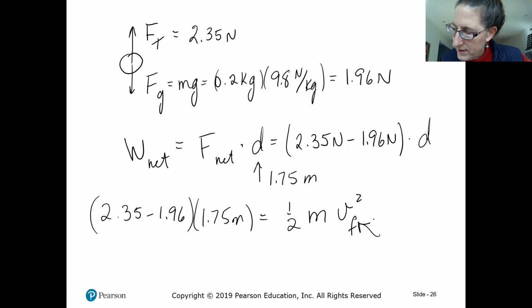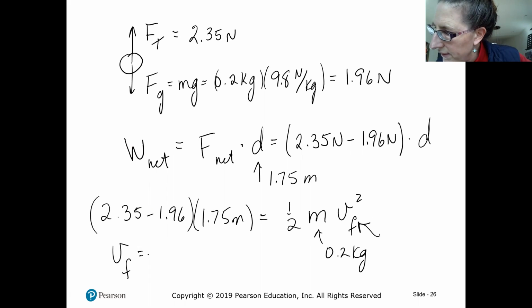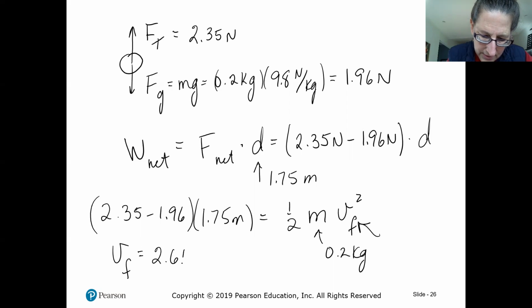The mass here is 0.2 kilograms. If you put that in and solve, you get a final speed, don't forget to take the square root in the end, of 2.61 meters per second.